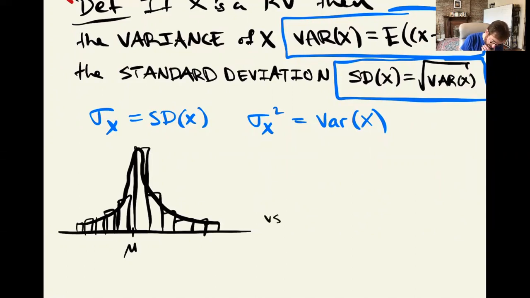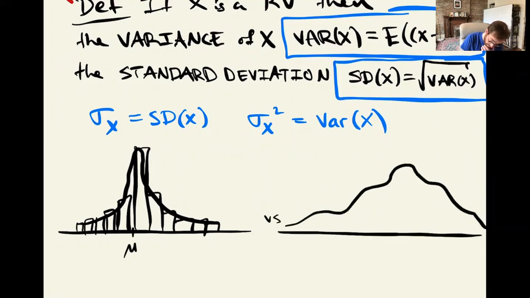And this is to be contrasted with situations like this, where there's a much higher variance. And let's just go ahead and say that the mean is somewhere around here. Because again, that's our sort of center of mass, mu. So this is a high variance.